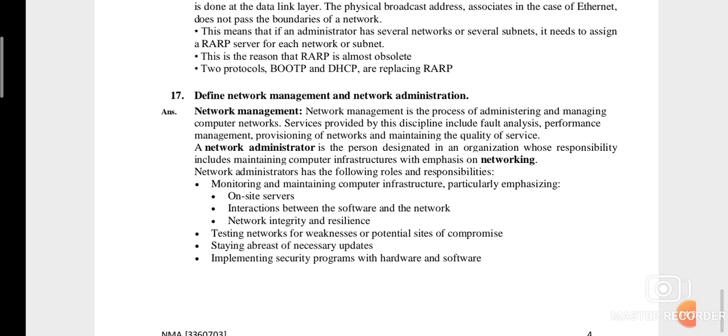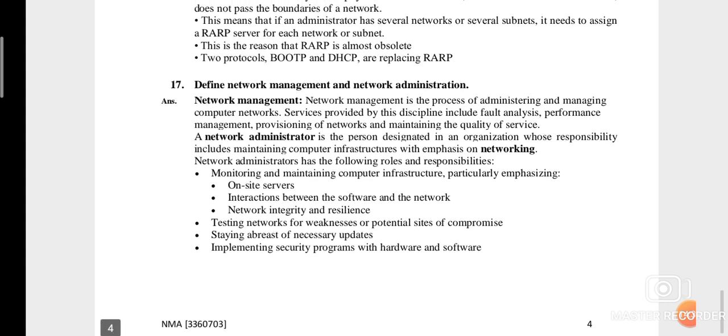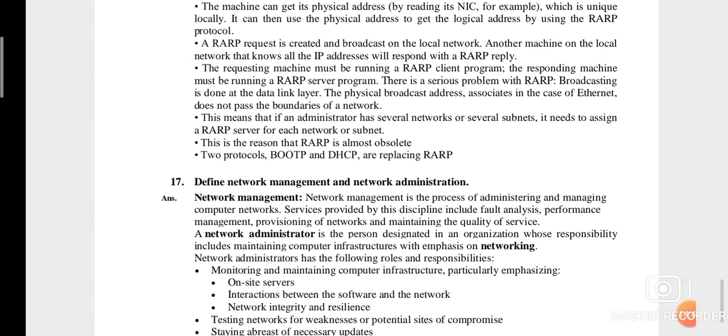Testing networks for weakness or potential sites of compromise, staying abreast of necessary updates, and implementing security programs with hardware and software. Dear students, all these questions are asked in the GTU exam for 2 marks, and you have to write this type of answer.